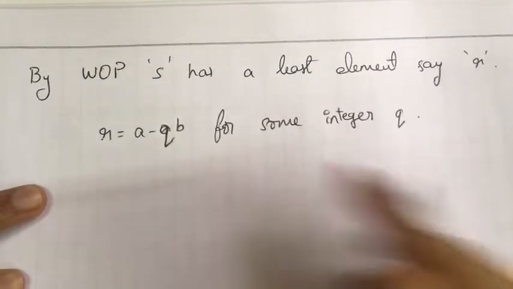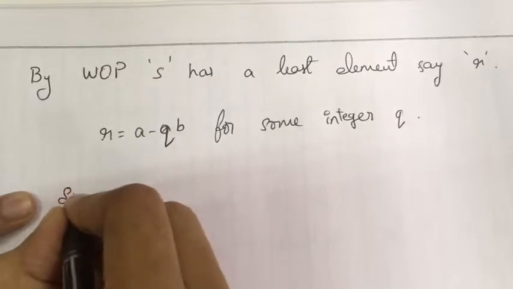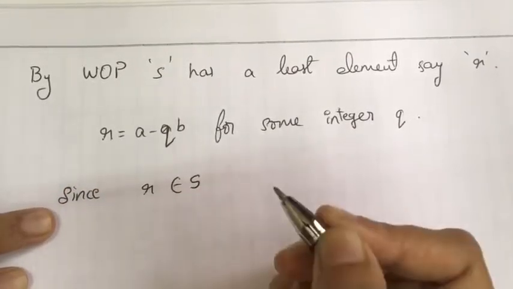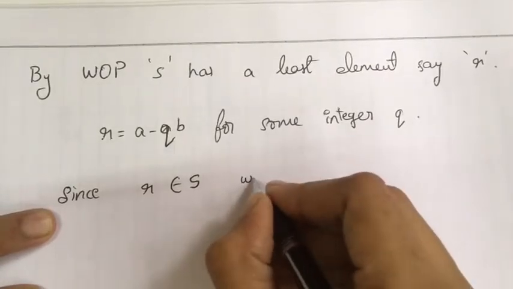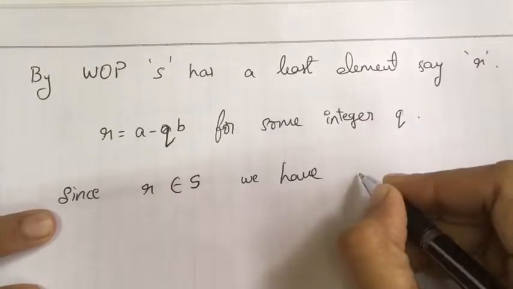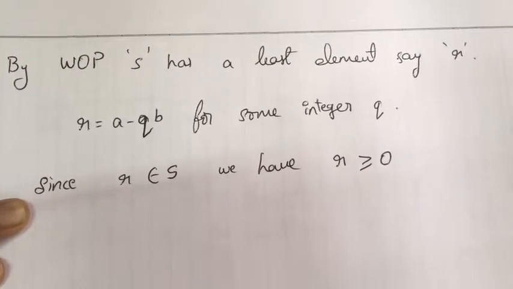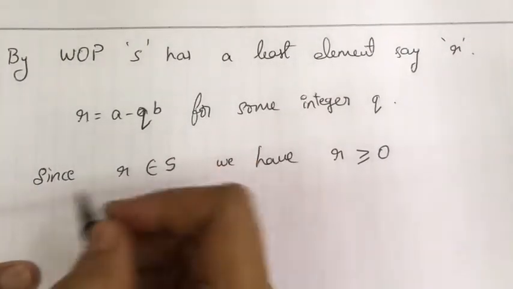Since I know that R belongs to set S and it is the least element in the set S, we have R greater than or equal to 0, right? Because S is the set of all non-negative integers.